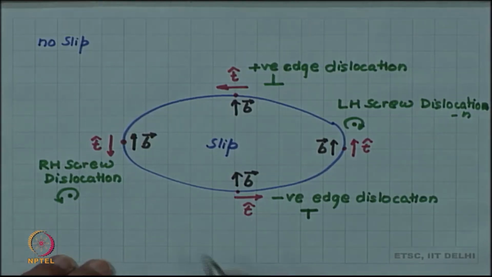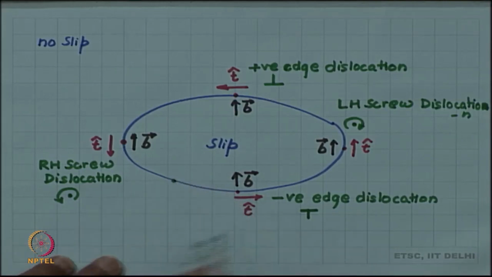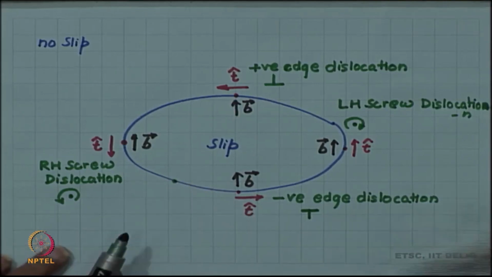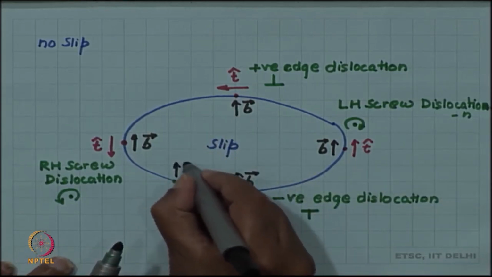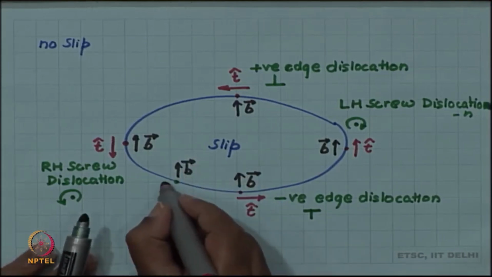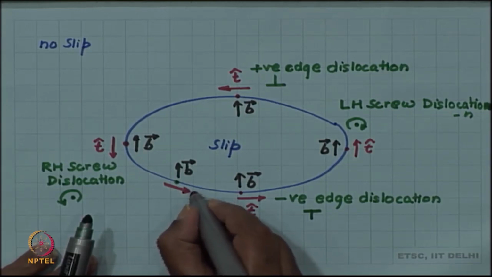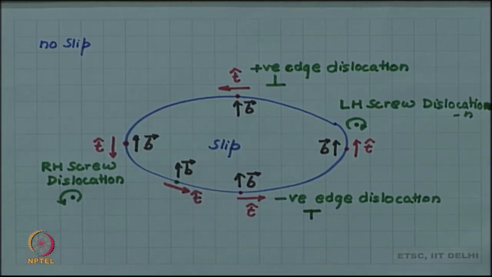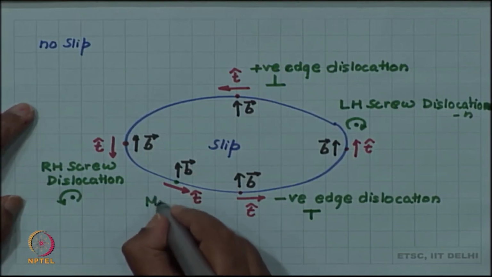And in between, if you have a location like this, you can see that B will still be pointing up, but T will be tangent to the dislocation line. So, now the angular relationship is neither perpendicular nor parallel. So, these kinds of locations will be mixed dislocation.